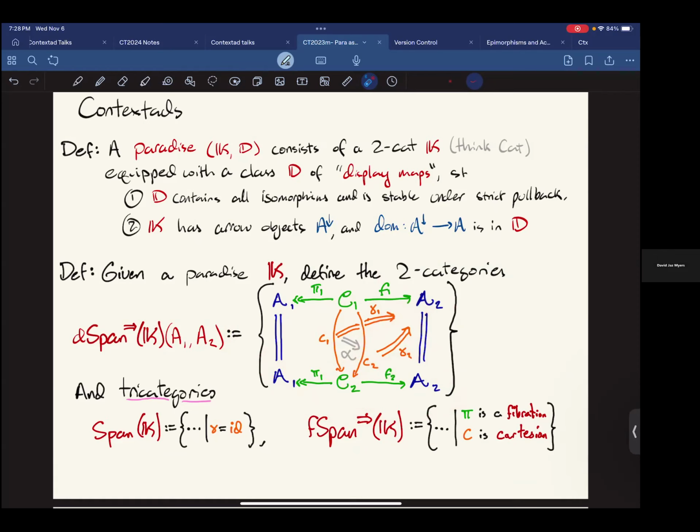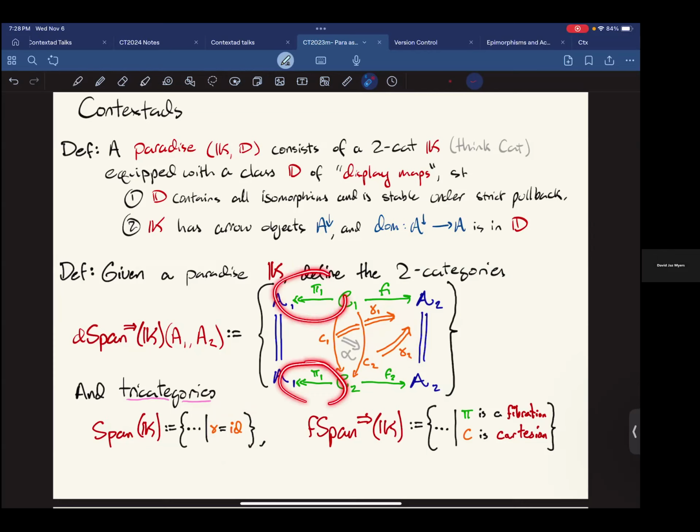So we will get tri-categories, namely Span K, which is the special case where gamma is the identity. These gammas are the identity. That's the ordinary span morphisms. And then you get a tri-category where you're taking actual pullbacks of categories. So it's strict pullbacks, by the way, everywhere. And then there's another case in which we compose these.